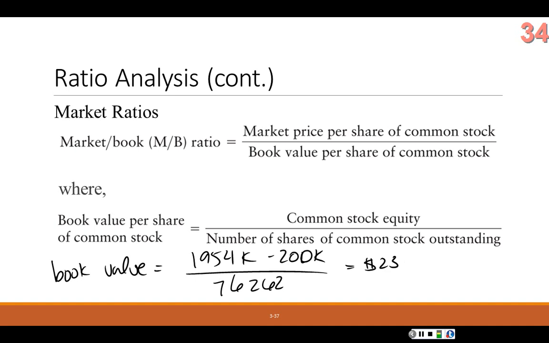So you can use that to determine your market to book ratio. So the market price we just said was $32.25. Divide that by the book value of 23. And you get a market to book ratio of 1.4. What does this mean?